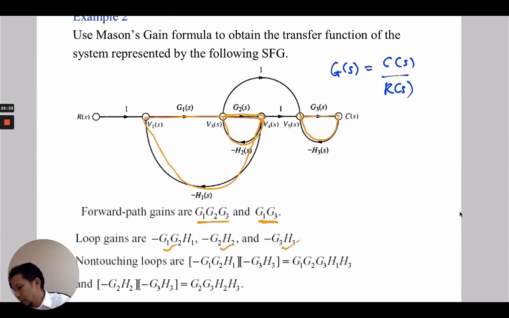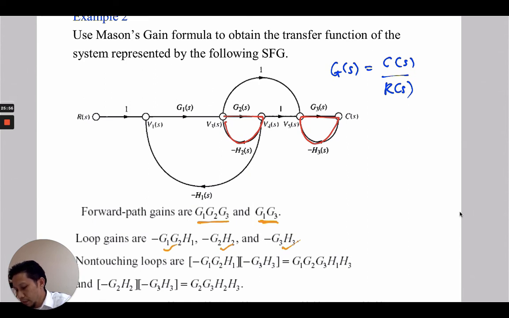Now let's find if there are non-touching loops taken two at a time. We actually have two pairs.